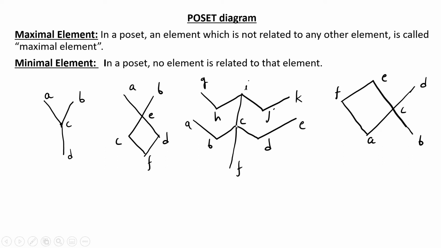Then C is not maximal, then E is maximal. So G, I, K, E and A are maximal elements.